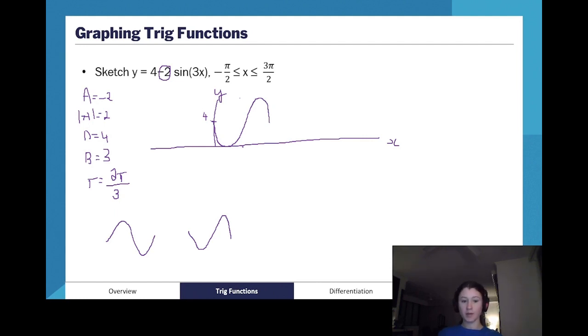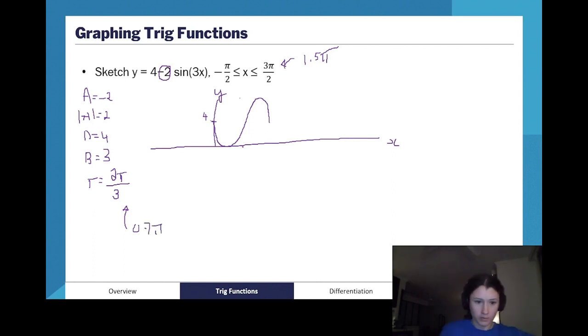The period is 2 pi over 3, right? And we want to go up to a maximum of 3 pi on 2. So 3 pi on 2 is 1.5 pi, and 2 pi on 3 is about 0.7 pi, approximately.